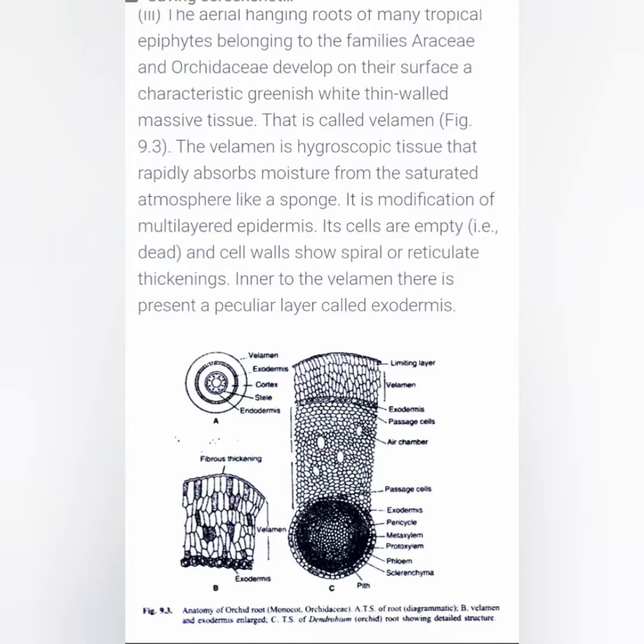And the third one here, the aerial hanging roots. Remember those hanging roots of many tropical epiphytes belonging to the families Araceae and Orchidaceae. Belonging to these two families, they develop on the surface a characteristic greenish white thin-walled massive tissue.